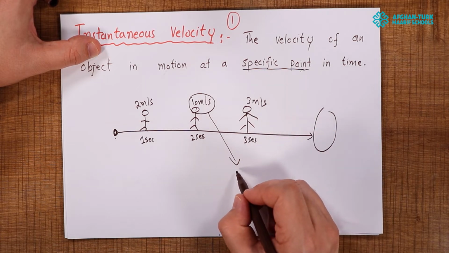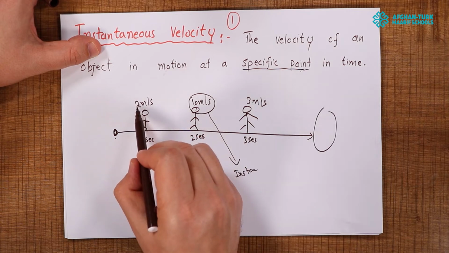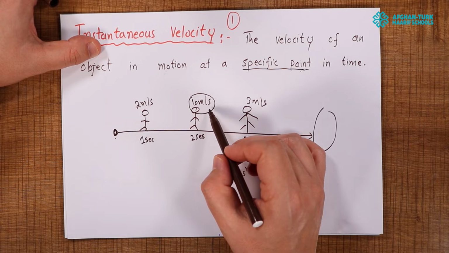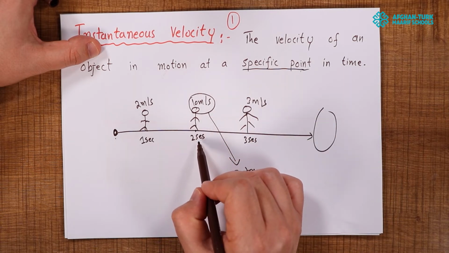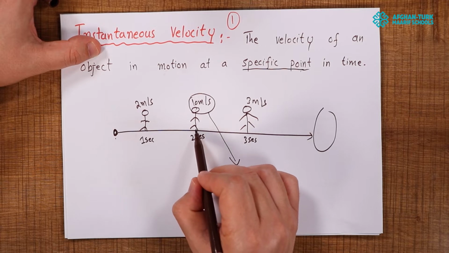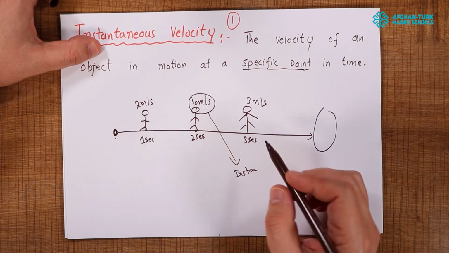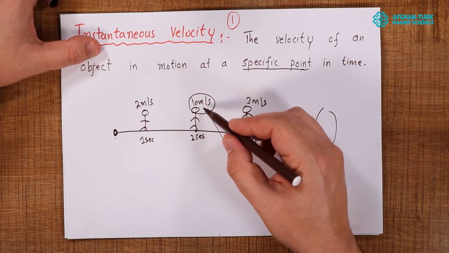This is called instantaneous. In instantaneous, we do not select the whole speed, just a particular or specific point. Like in 2 second, this is the specific point, and the speed of this object is 10 meter per second. So this is called instantaneous.